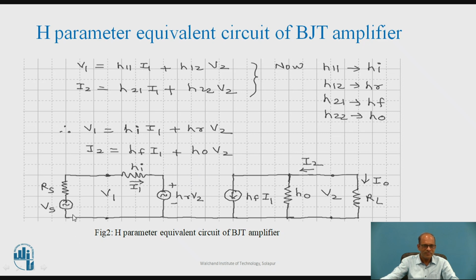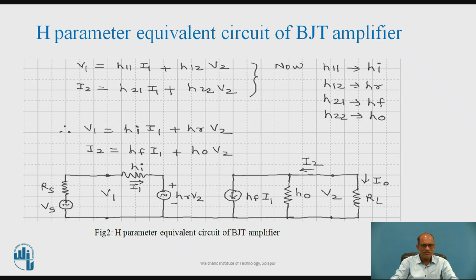So that is valid. And now at the input port you apply the signal by using the signal source Vs, and the signal source has the source resistance of Rs as shown. And on the output port you connect the external load RL, and the current flowing through RL is denoted as the output current I0, and I0 is equal to minus I2.